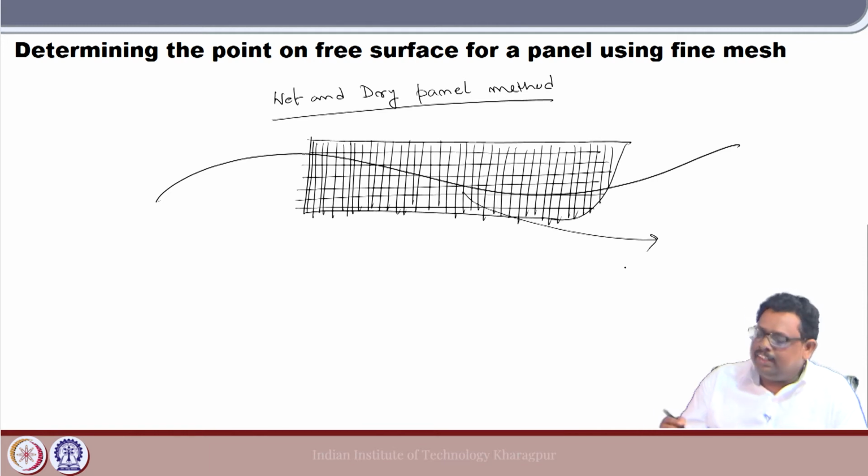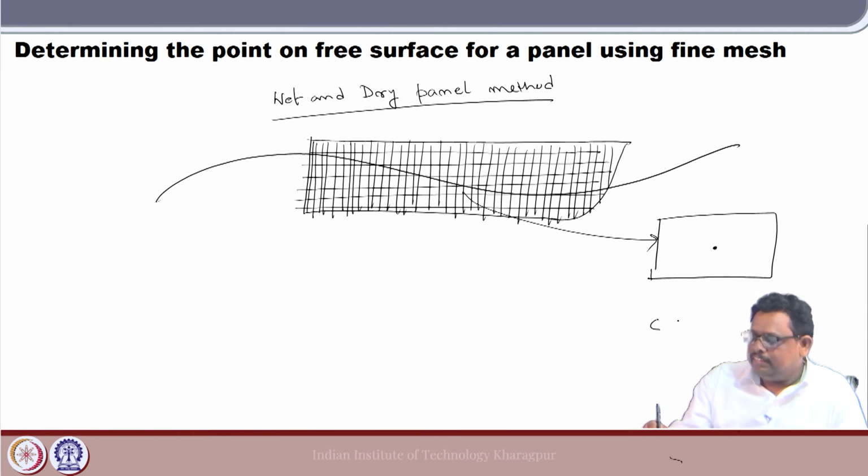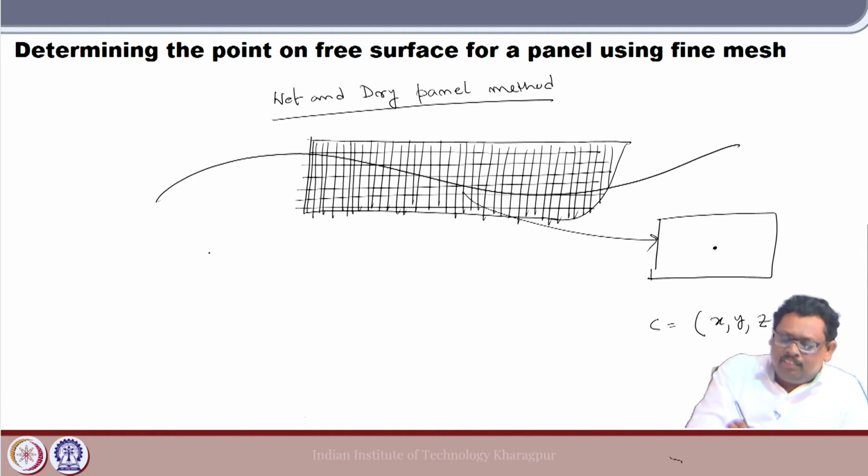Now, what is happening here? This is your panel, and you can calculate the CG or centroid of the panel. The centroid of the panel definitely has a coordinate, some x, some y and some z. At that point you try to calculate the wave elevation. The wave elevation is nothing but z equal to eta.